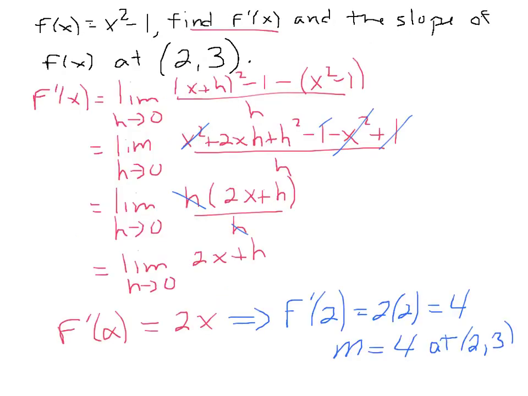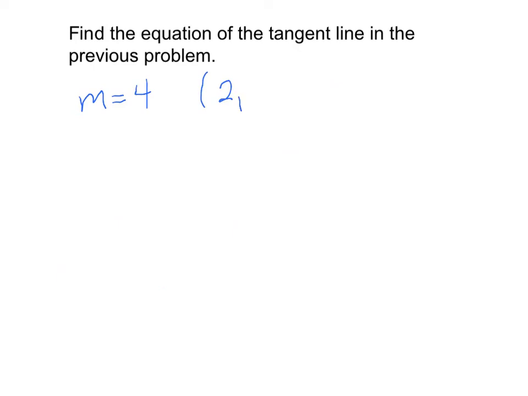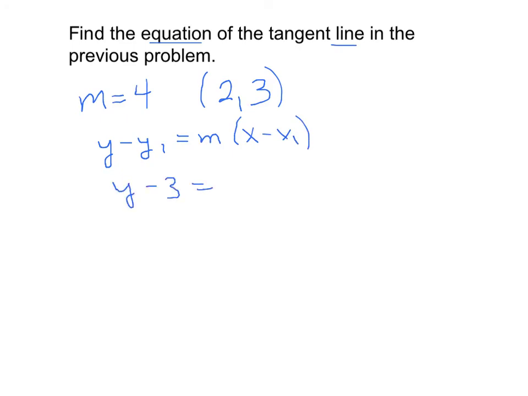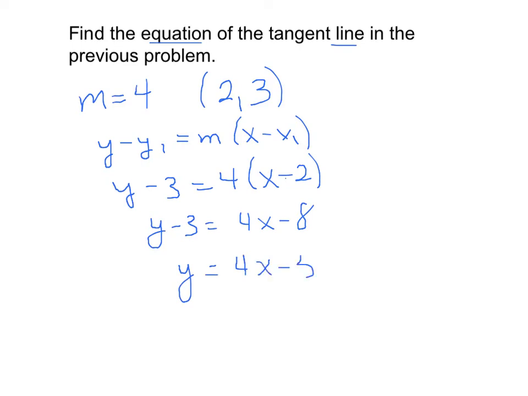Okay, so at the point 2, 3, the slope is 4, the point is 2, 3. So I'm just basically writing the equation of a line with a slope of 4 and containing the point 2, 3. So that's simply going to be the point slope formula. So the point slope is y minus 3 equals 4 times x minus 2. So y minus 3 equals 4x minus 8, and y equals 4x minus 5.